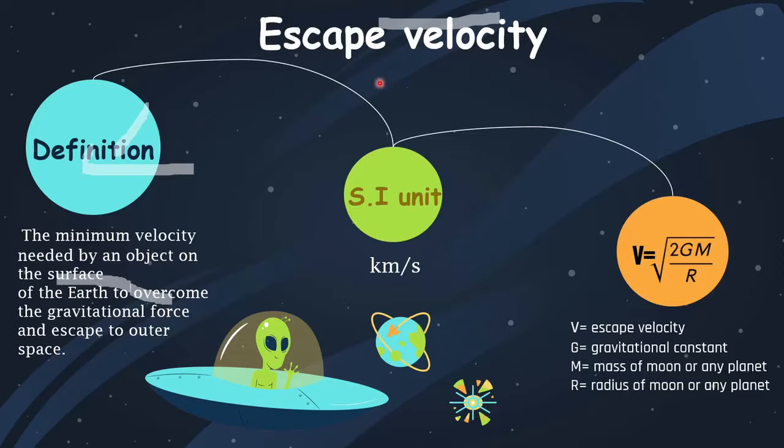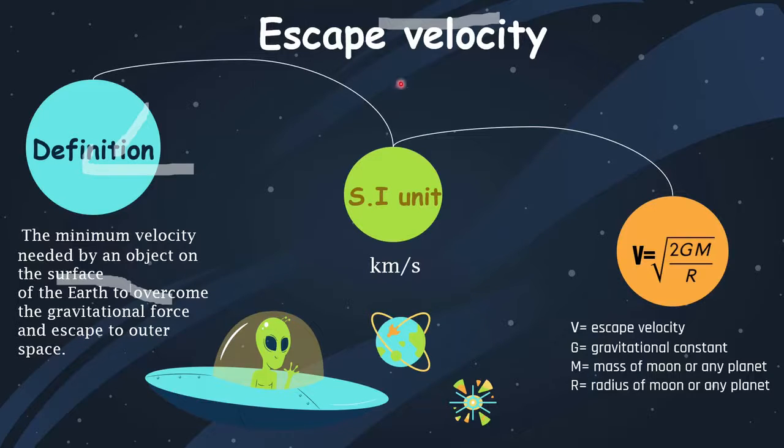Now I would like to talk about escape velocity. Escape velocity is the minimum velocity needed by an object on the surface of the Earth to overcome the gravitational force and escape to outer space.